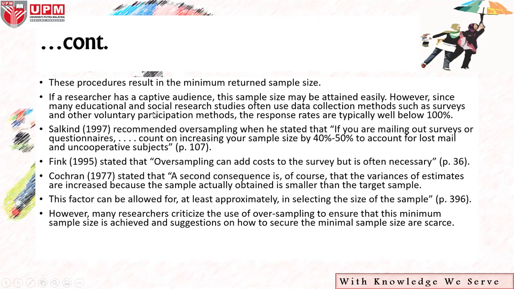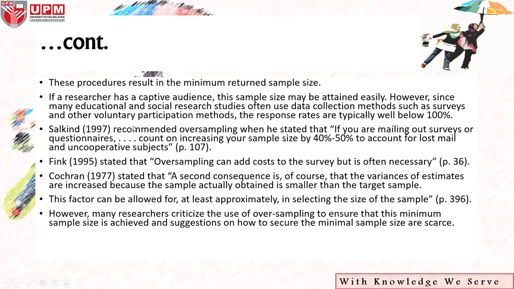Bila kita dah dapat tadi the minimum sample size is 111, Salkin recommend oversampling. Sebab kita takut akan ada questionnaire, respon yang kita tak dapat. Sedangkan minimum sample size kita kena ada adalah 111. So before we distribute, we need to oversample our sample by 40 or 50%.